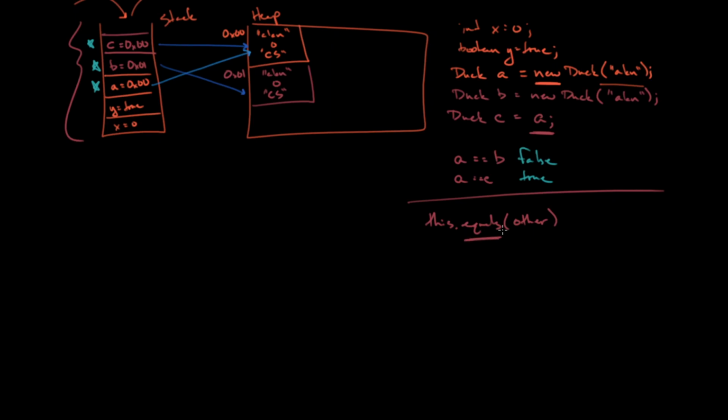What we'd probably do for our duck class is say, hey, return true if the name is the same, the ID number is the same, and the occupation is the same as well. However, we haven't done that here. And so if we were to use the dot equals method in our duck class, that wouldn't work. But somebody has done that, and the answer would be our strings.